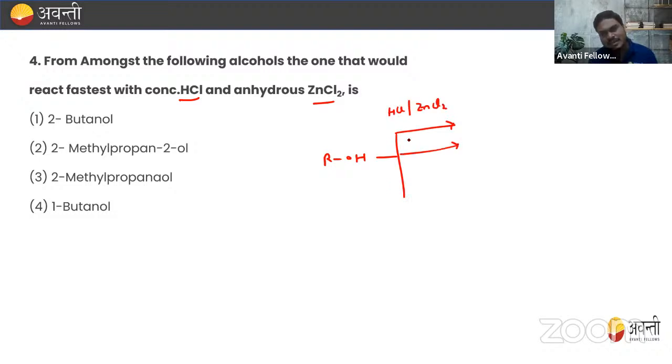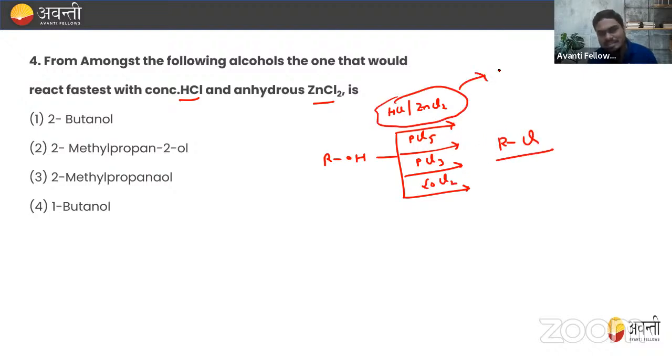The next is PCl5 and next is PCl3. And last and the most important, that is SOCl2, right? In all these cases, we get RCl. This one is also known as Lucas reagent. So I hope I gave you a proper hint for this question.